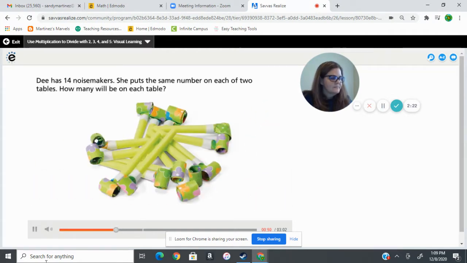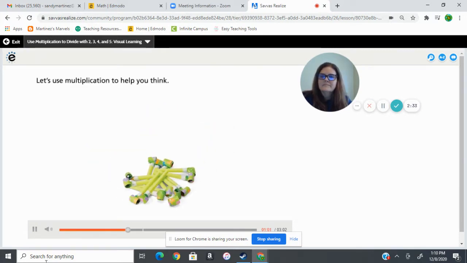D has 14 noisemakers. She puts the same number on each of 2 tables. How many will be on each table? Let's use multiplication to help you think. 2 times what number is 14?